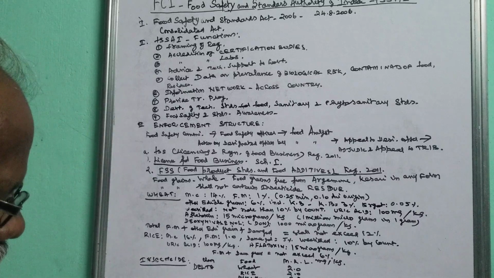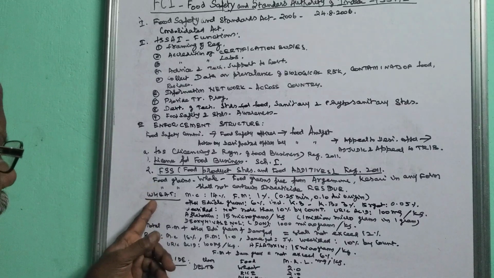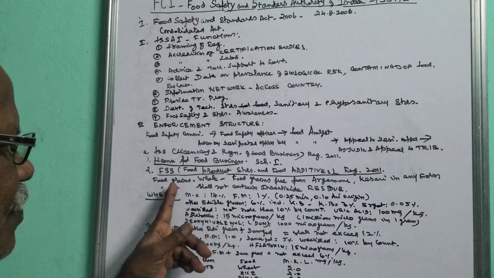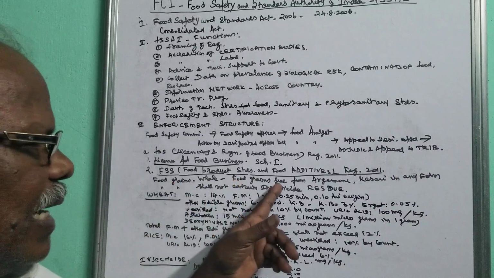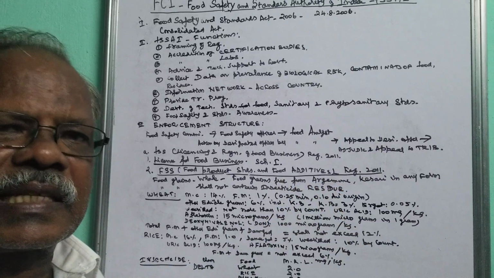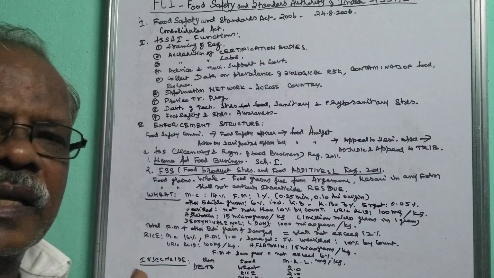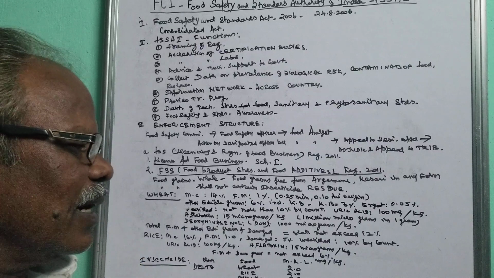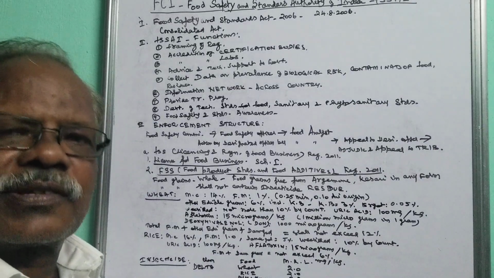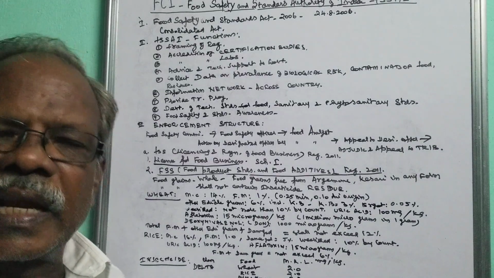Another thing is food grain. Food grains should be free from argemone, a poisonous seed. It is a small black seed, the plant has a yellow flower, and there is a chance of it mixing naturally in the food grain.